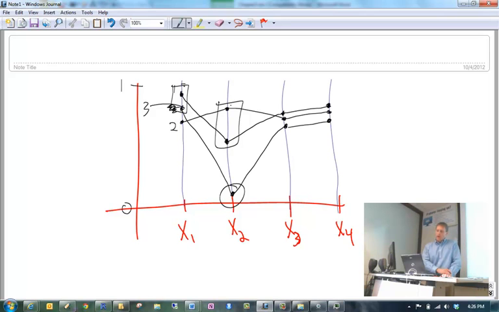Now, what I wanted to do with this kind of plot was to examine, instead of x1, x2, x3, x4, how about we put V_L star, V_Jack star, and V_boot star.